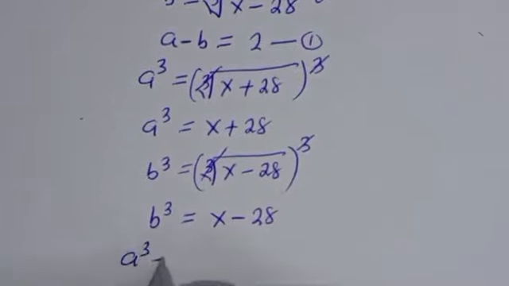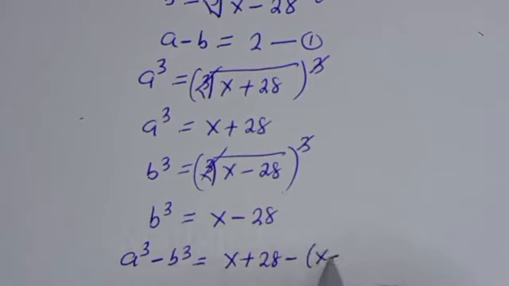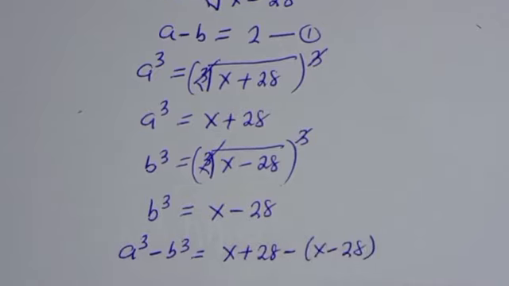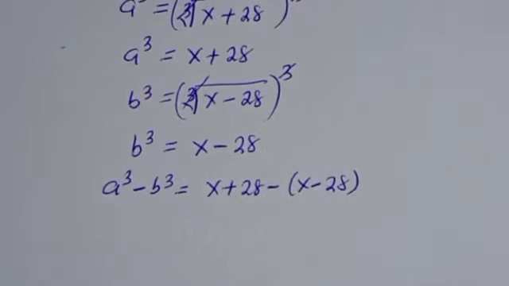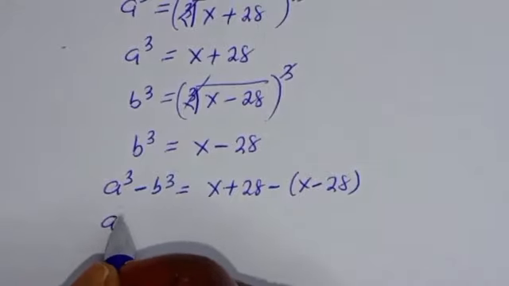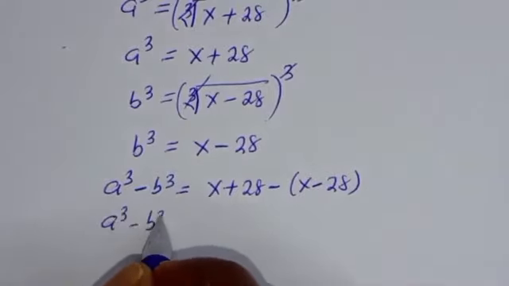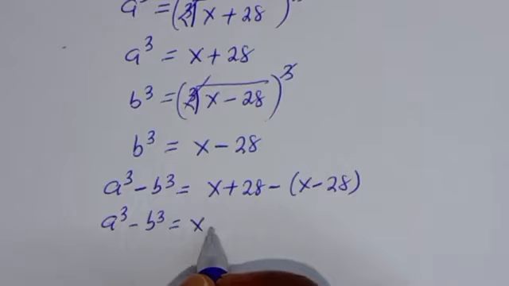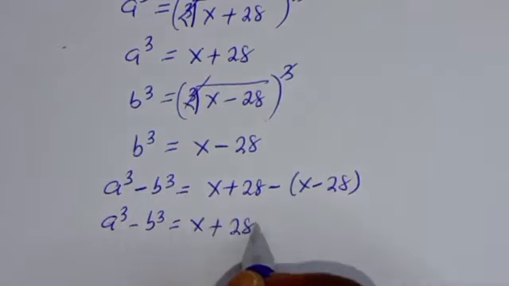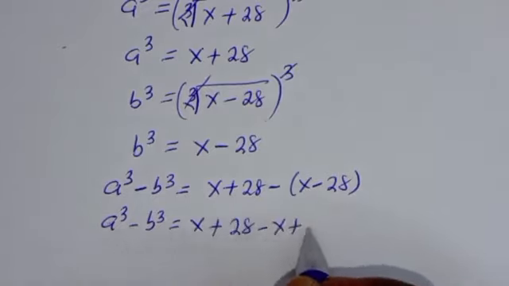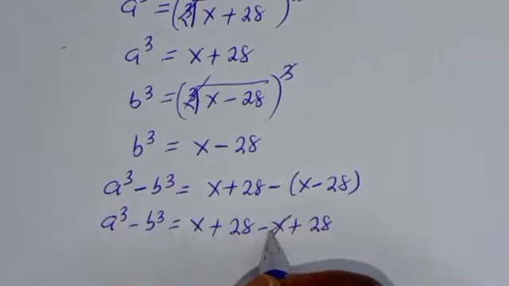Then a cube minus b cube is equal to s plus 28 minus s minus 28. Then a cube minus b cube is equal to s plus 28 minus s plus 28.